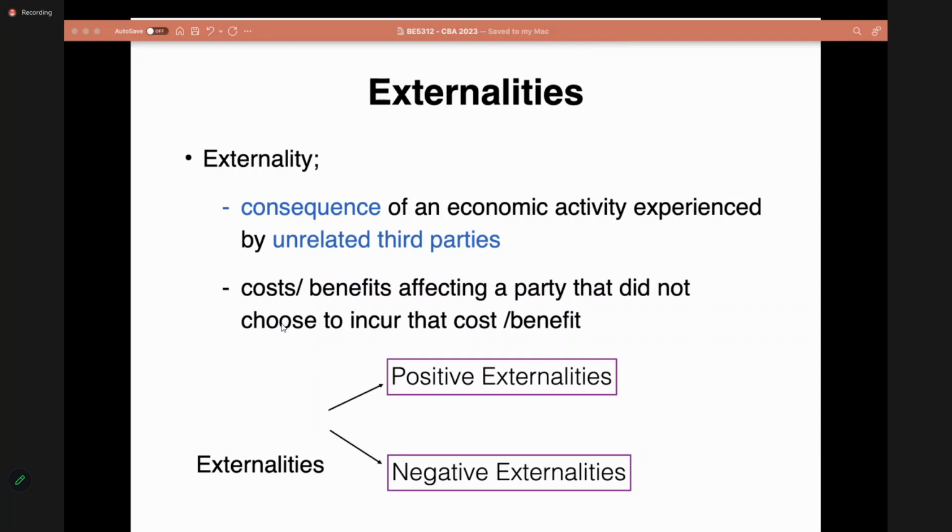These are third parties that did not really choose to incur that particular cost or benefit. It wasn't their decision. They were not really part of the project. But still, there's a cost to them or a benefit that they get from it. So these externalities can be either positive, the good things these third parties get, or they can be negative things.